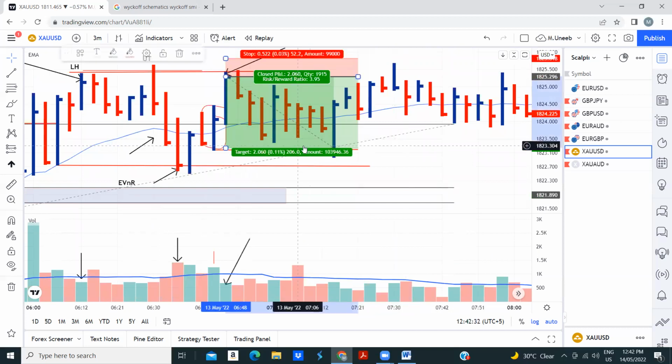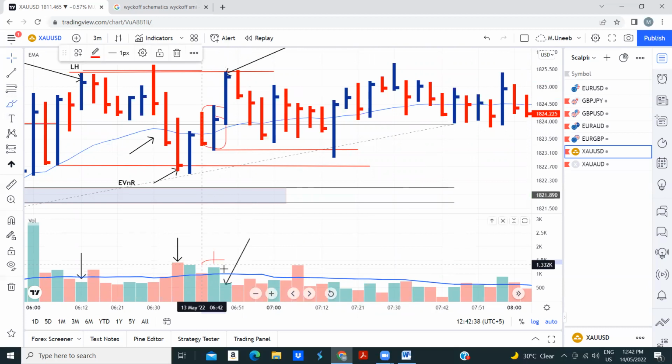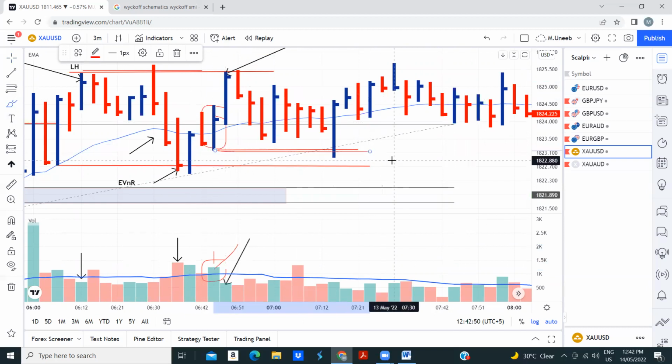And now many people will just ignore this. Whenever you see high volume on the chart, you have to see what's happening, why there's high volume. So when I notice there's high volume, I will go and see the situation. Oh, this is key reversal, and I can draw my line over it. Got it?